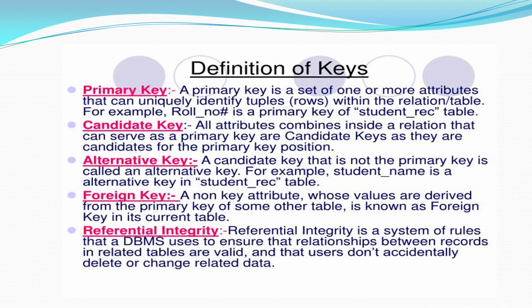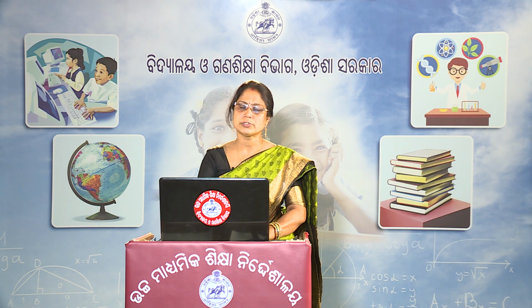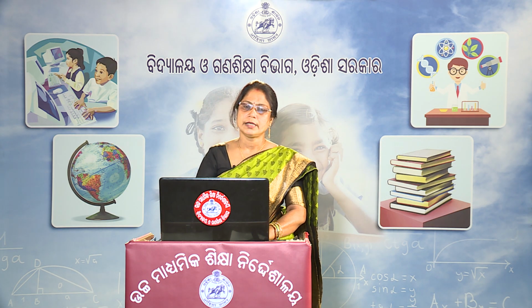And the referential integrity is a system of rules that a DBMS uses to ensure that relationships between records in related tables are valid and that users do not accidentally delete or change related data. So, these are all about different keys available in database management system in order to manage the database.